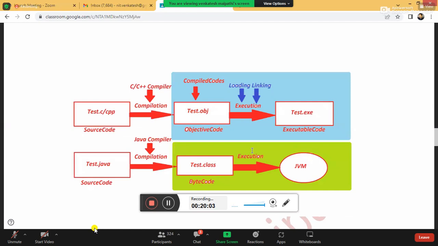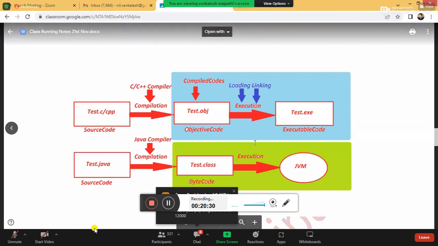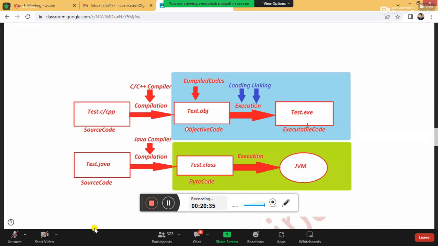Those three formats we cannot understand. If you open them also, you cannot understand. .c file you can understand. .cpp you can understand. .java you can understand. Means we can understand source codes. So they are high level. .obj, .exe, .class, low level. So who understands them? Machines understand. So this .obj, .exe is understandable by the machine, and .class is understandable by the JVM. That's the information to you.